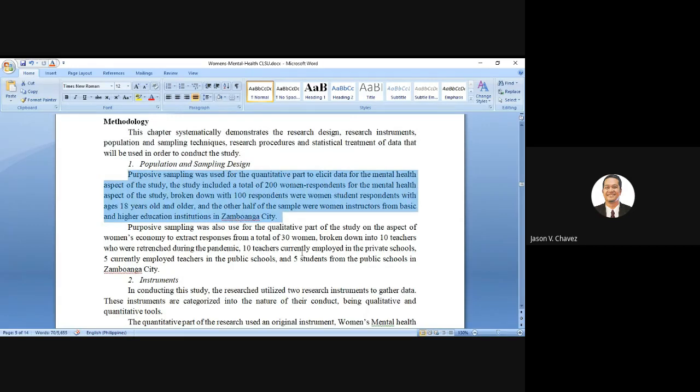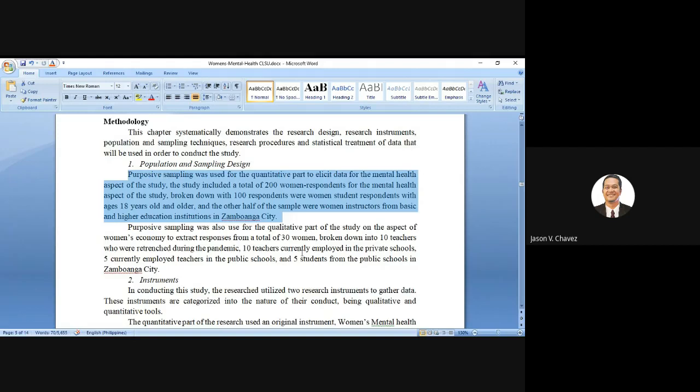It says here, purposive sampling was used for the quantitative part to elicit data for the mental health aspect of the study. So you have to be very, very clear which method of sampling is going to be used for which aspect of your research.